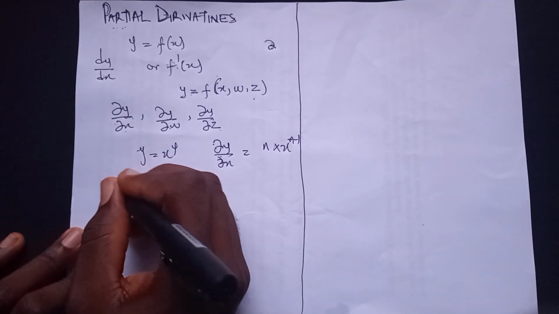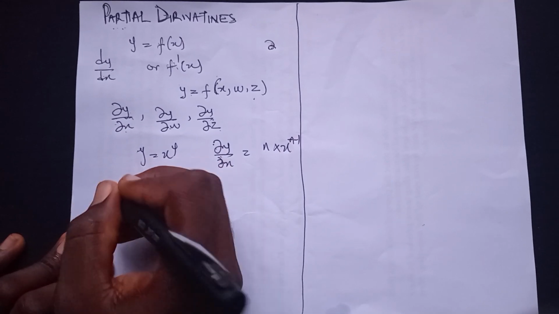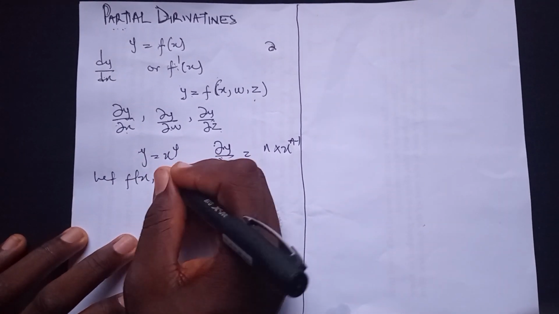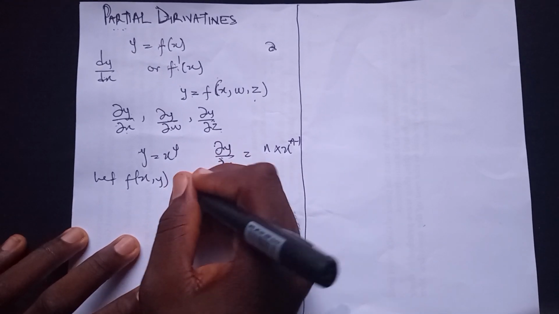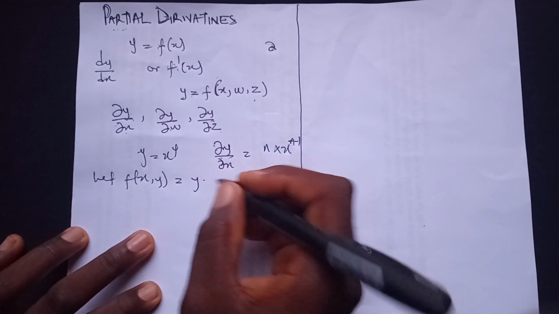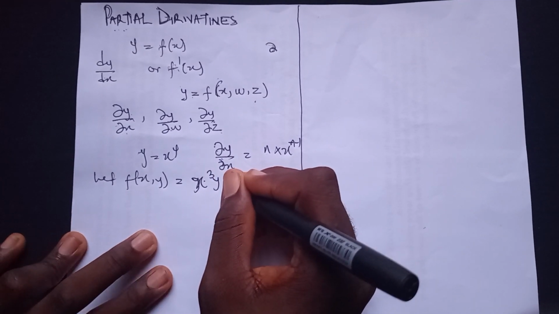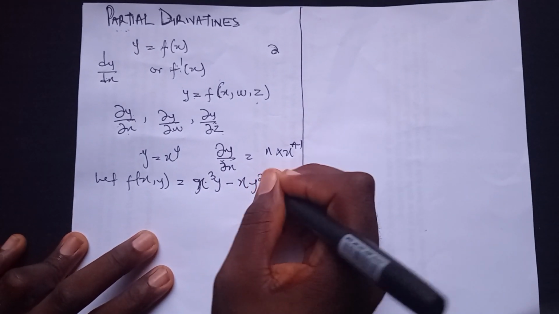We are given, say, let f of x, y be equal to x cubed y minus x y squared.